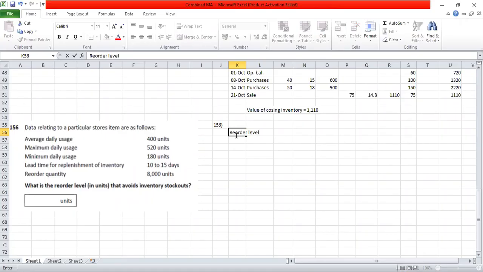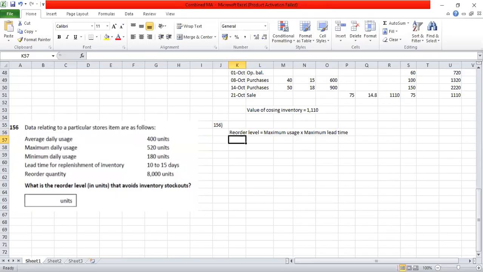Reorder level is equal to maximum usage into maximum lead time. So what's the maximum usage?